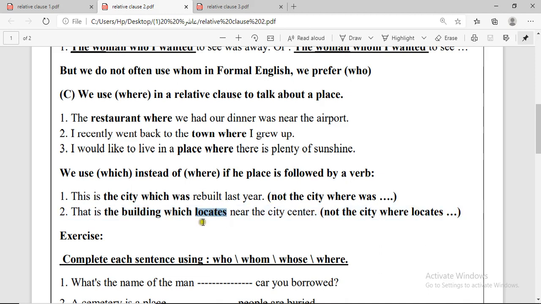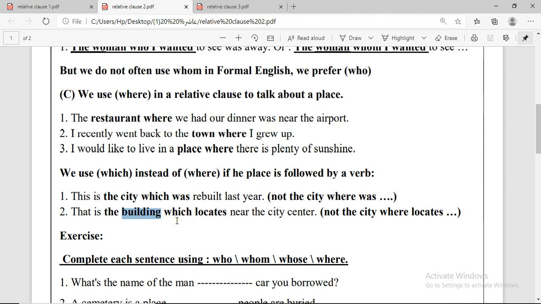I use which. Again, if we have a place with a verb after the space, we use which. If I have a place and I have a subject or noun after the space, we use where.